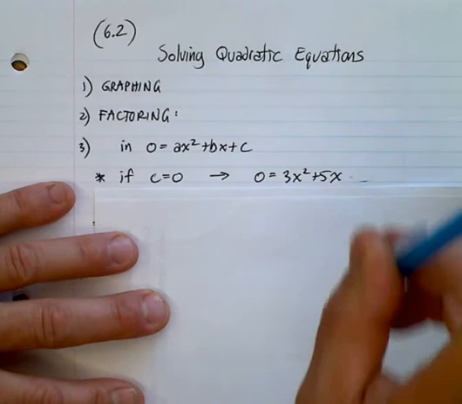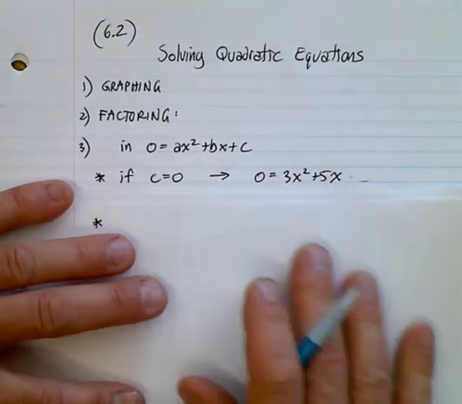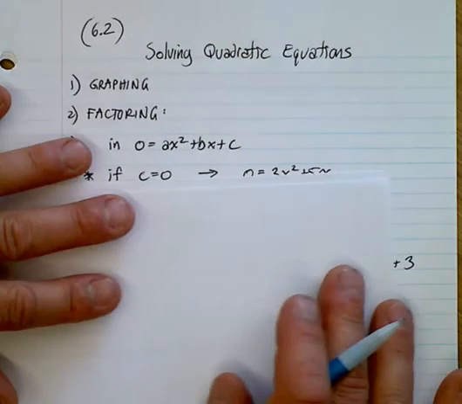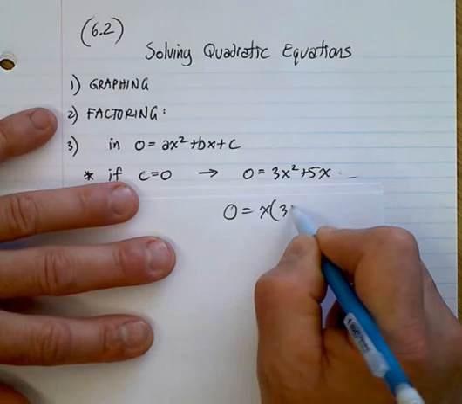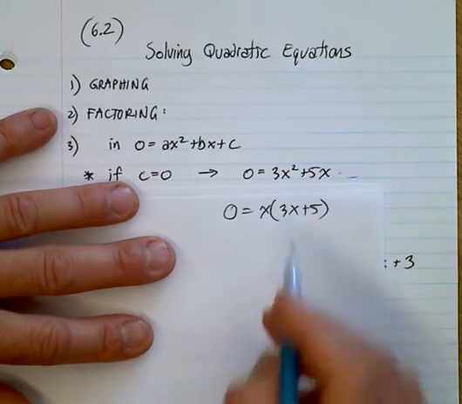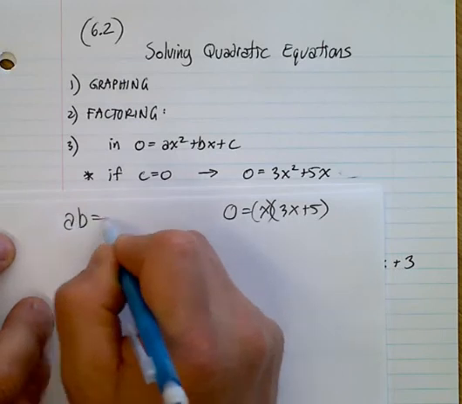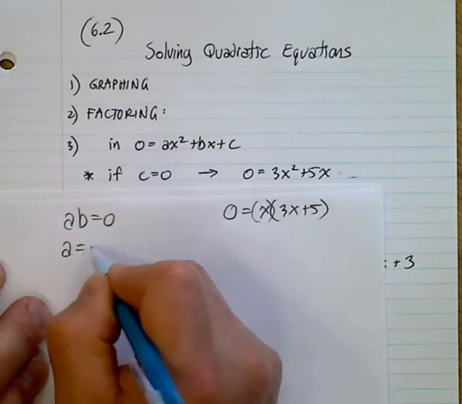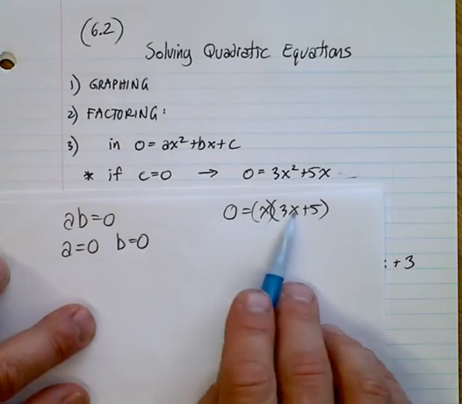In this case, it's one of the easiest ones to do because every single time what you can do is factor out, let's do it on this side here, you can factor out the x, and that leaves you with 3x plus 5. Now don't forget that whole zero product law, right? If a times b is 0, that means a is equal to 0 or b is equal to 0. So this is two things being multiplied together.